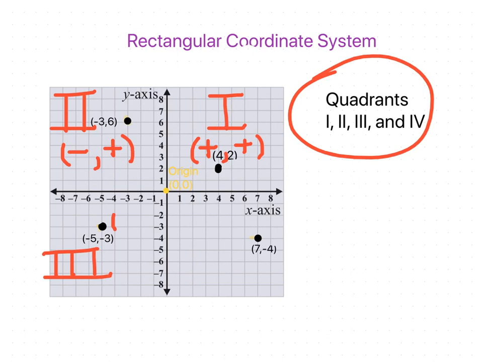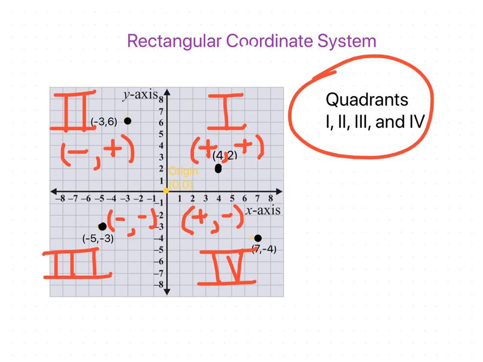Because we have to go left and down to get into the third quadrant. And finally, in our fourth quadrant, you'll notice that we had to move what? We had to go to the right and down, so positive and negative coordinates there. Positive x coordinate, negative y coordinate.